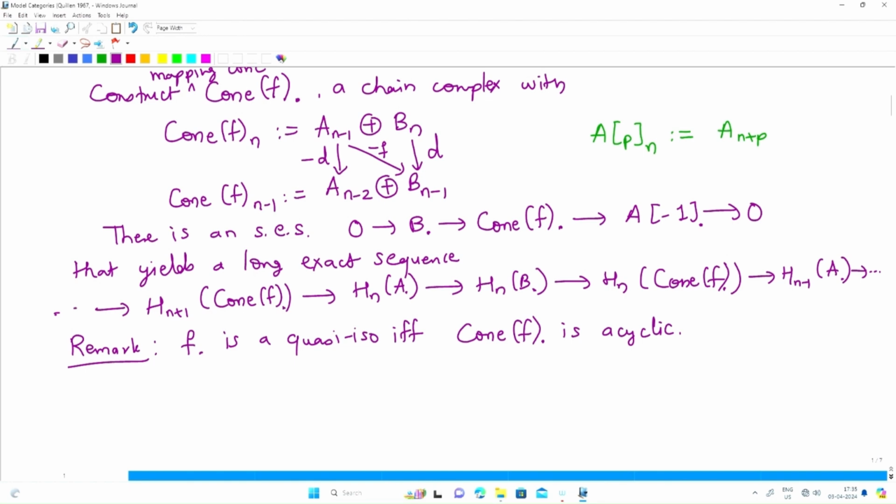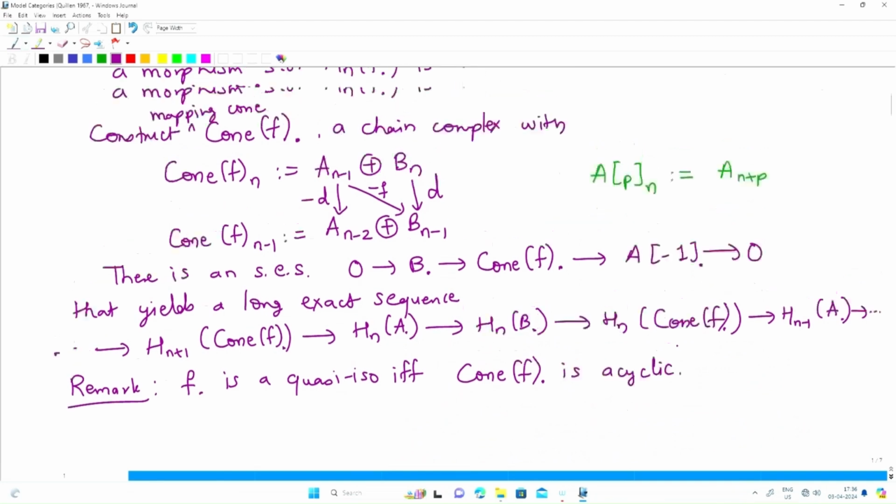And this is an important point. If quasi-isomorphisms are your appropriate homotopy equivalences, the maps with respect to which you want to invert, then acyclicity is an important property. So therefore, we will also borrow this terminology in model categories for describing homotopy equivalences or weak equivalences.